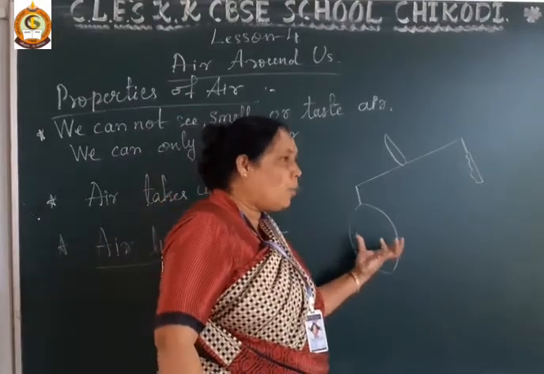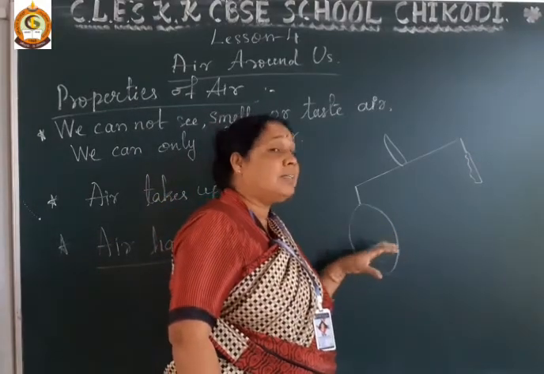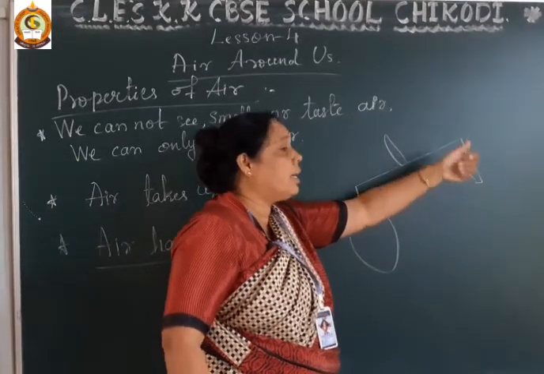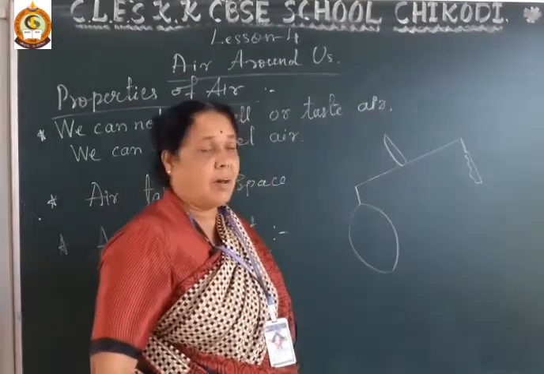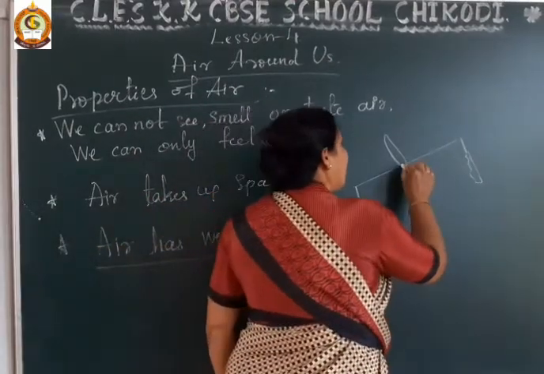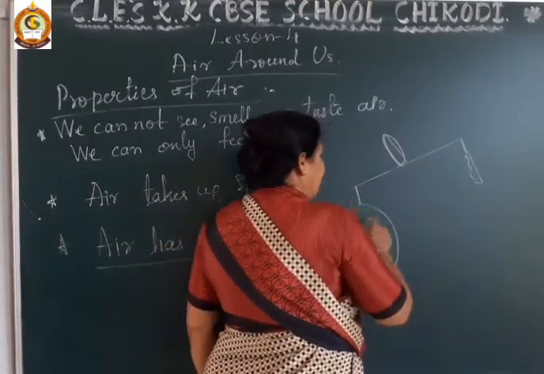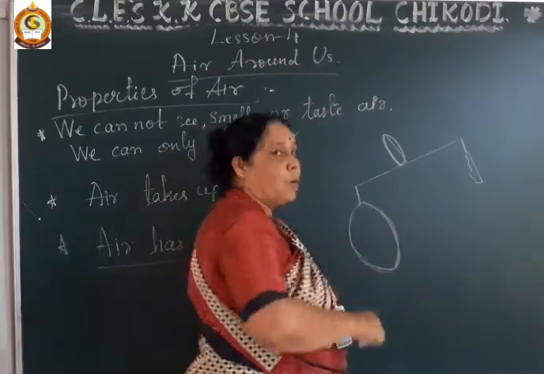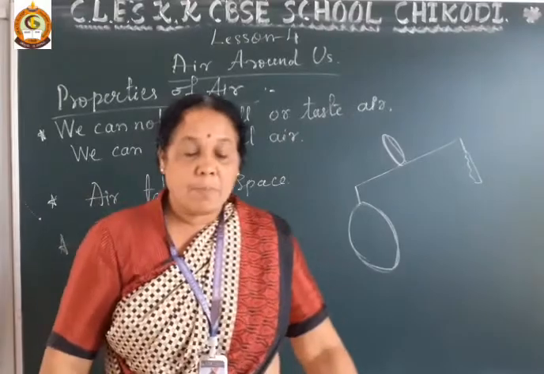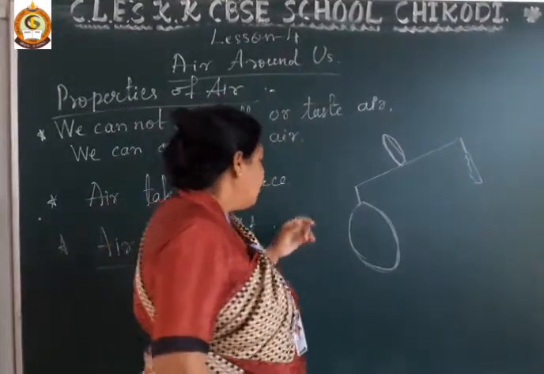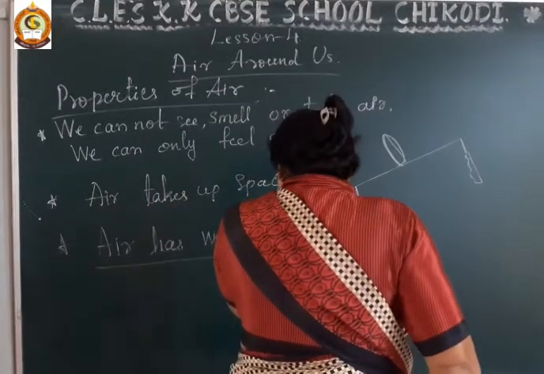Why? The air is inside the balloon. Here the air has passed away by pinching the balloon, and the balloon which has air in it goes down because of its weight. Okay, dear student? By this, we understand that air has weight.